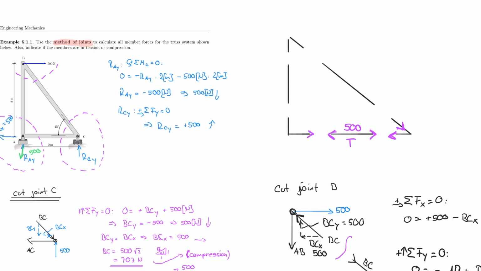Now let's move on to BC. BC is the diagonal member, and BC I found to be 707, right? Remember that from down here. So 707, and that was in compression already, but I can put 707, and I can already say it's in compression. But now I need to show my arrows in the right direction.